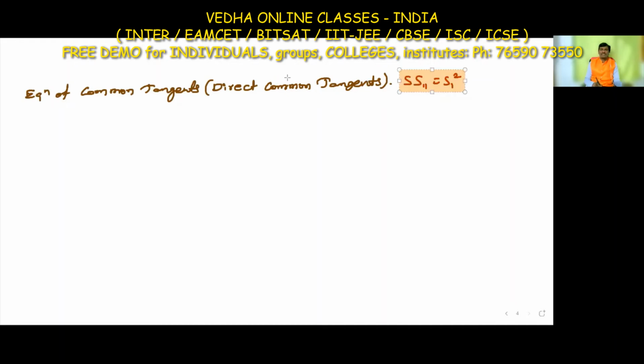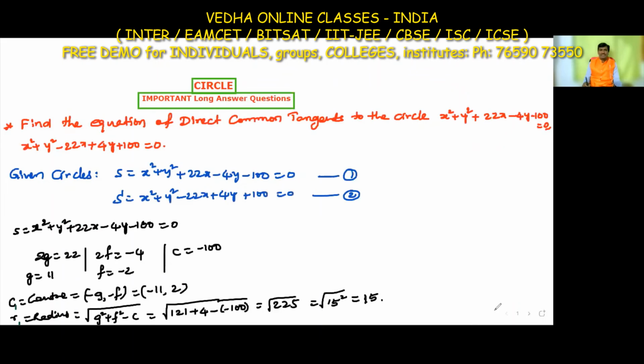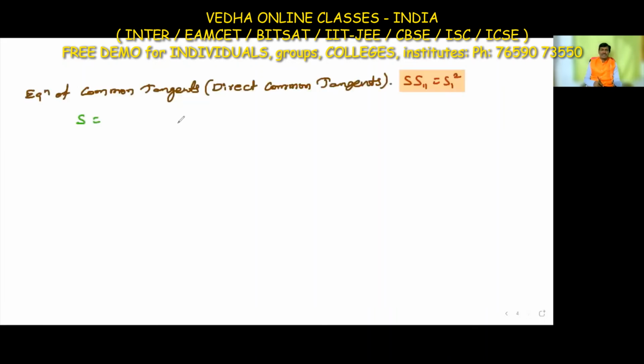Now once again we'll take the circle. What is the circle equation here? Take any one circle, S: x square plus y square plus 22x minus 4y minus 100. This is the circle I am taking now.